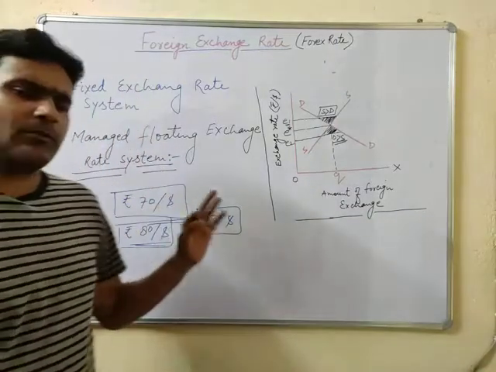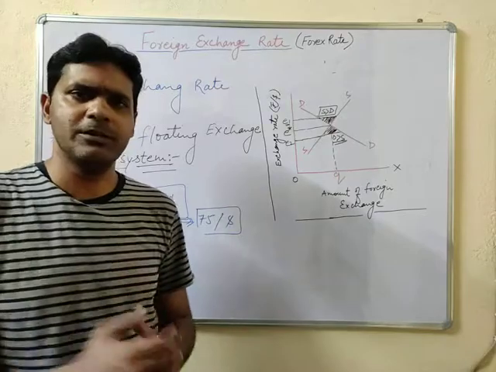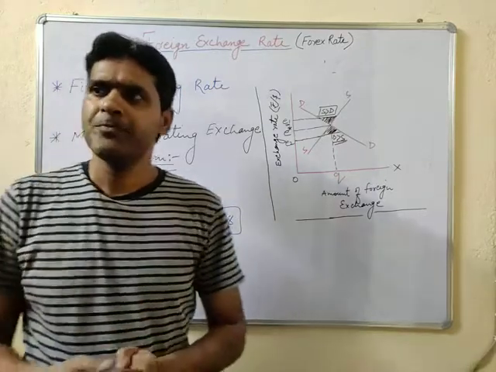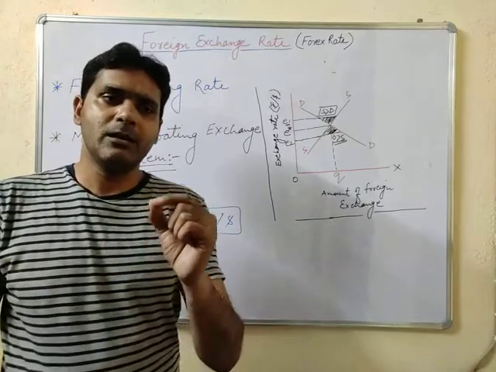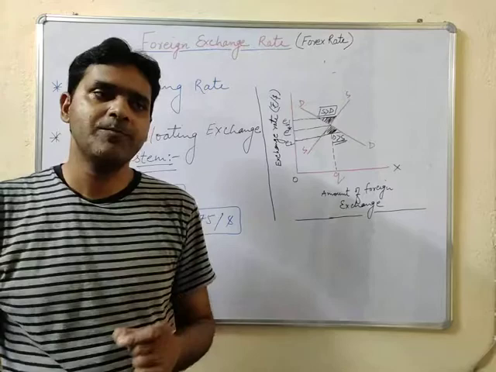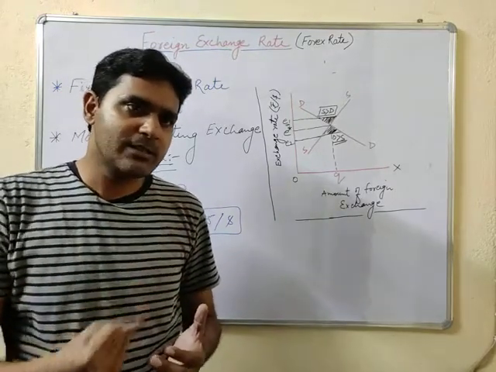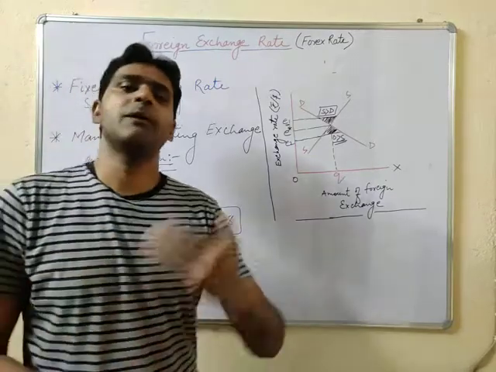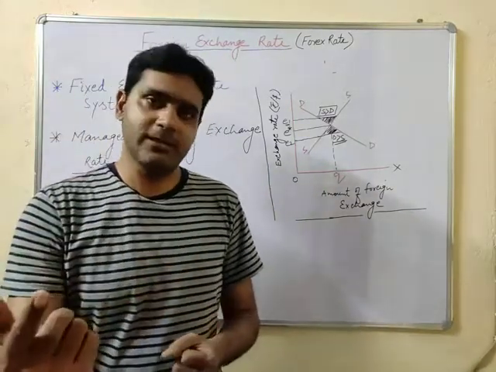And one more important term which I have touched upon, let me recall for you. When we are dealing with the flexible exchange rate regime, if there is a decrease in the value of the domestic currency in comparison to foreign currency, then it is known as depreciation.